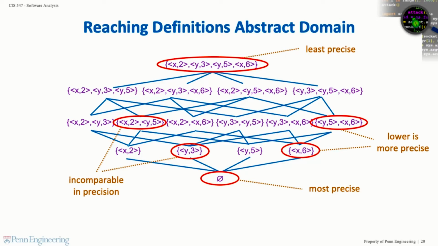Of course, we hope that most in and out sets will saturate before that, thereby yielding a more precise analysis result. After all, we wouldn't need the chaotic iteration algorithm to conclude that all definitions might reach every node in the control flow graph.